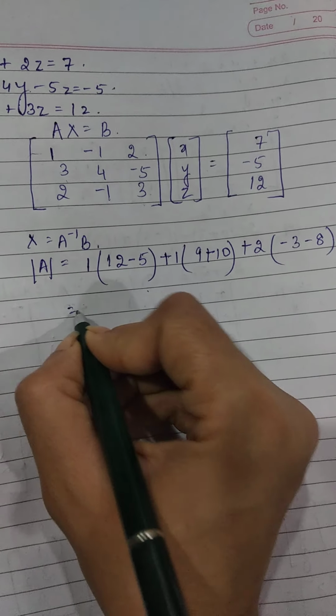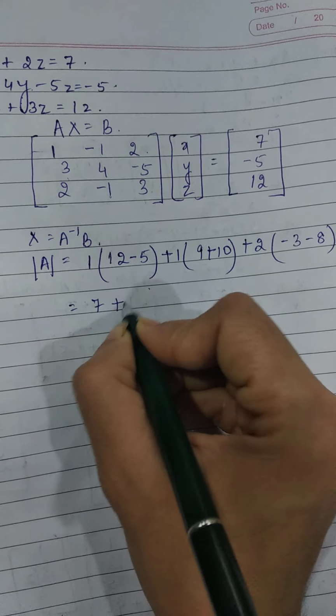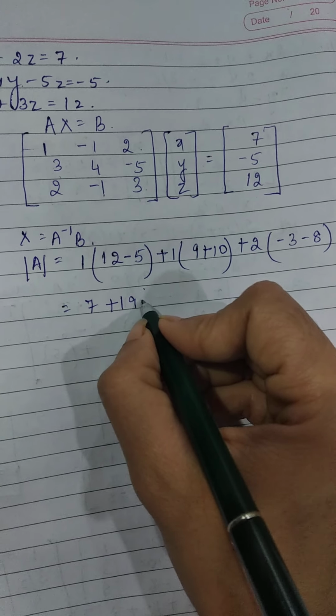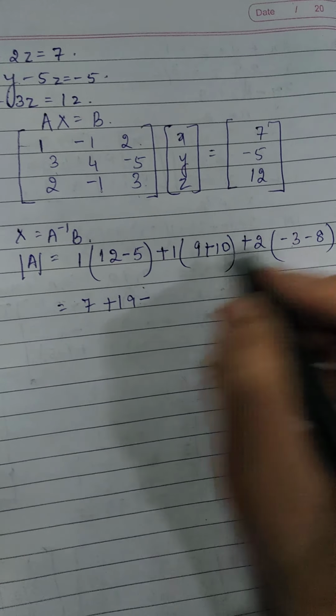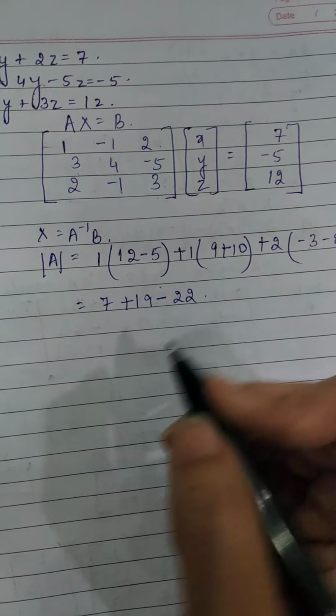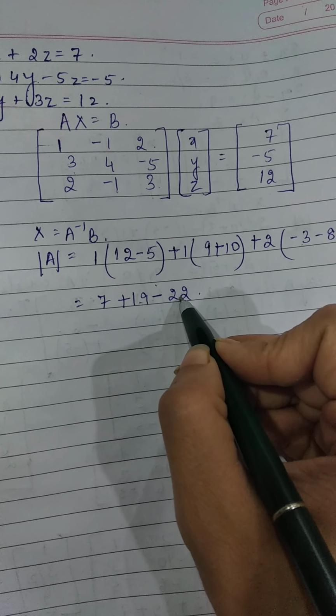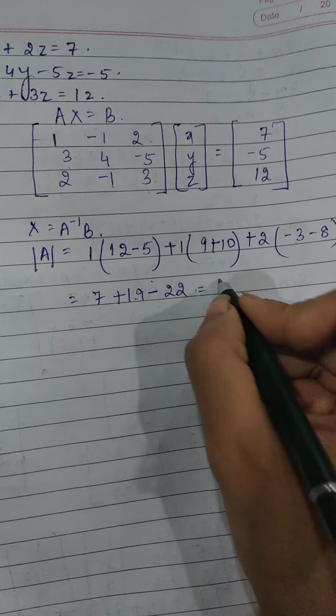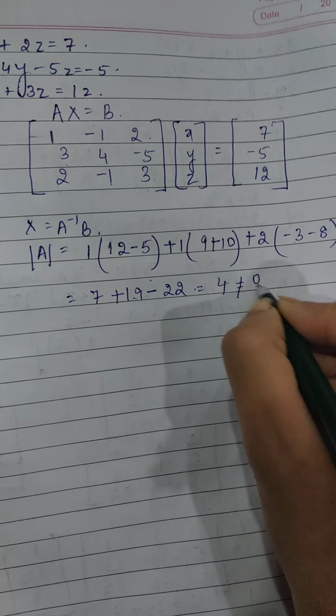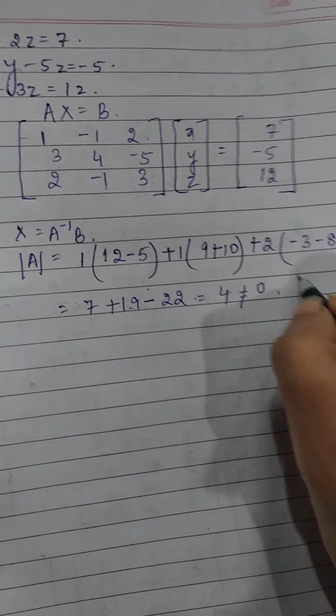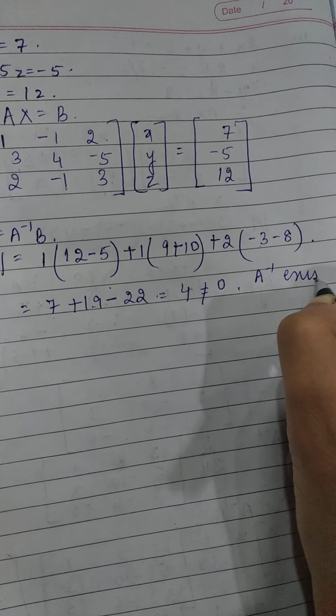So this is 12 minus 5, that's 7, plus 19 minus 11, so that's minus 22. 19 minus 22 is minus 3. 7 minus 3 gives us 4, which is not equal to 0. Therefore A inverse exists.